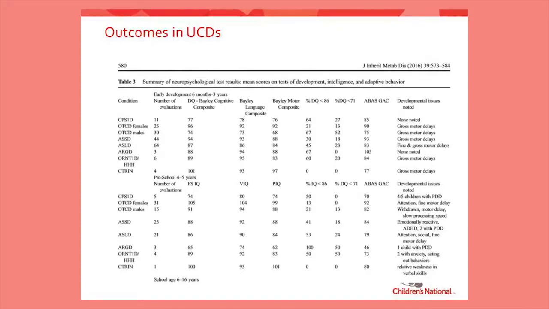Again, I apologize that the numbers don't come out, but essentially what it was looking at was the intellectual outcome, the developmental quotients, in the newborn period and then in the preschool age. You can see obviously that all of them have some degree of developmental delay. So the point here is that the real critical component of these disorders is to prevent these hyperammonemic episodes, not surprisingly, because they can contribute to intellectual delay over time.